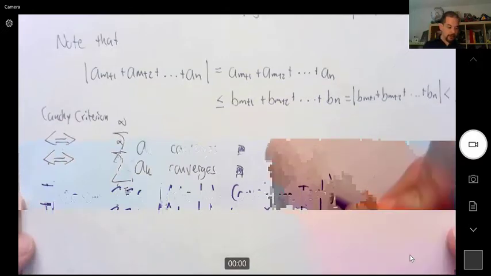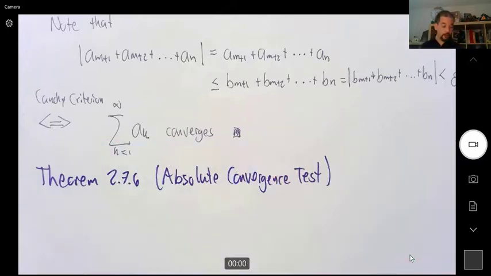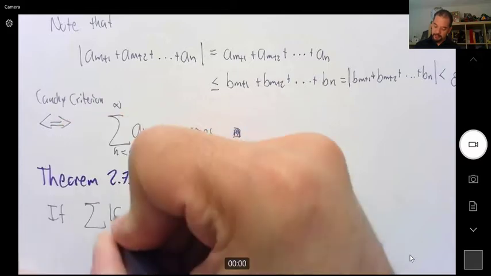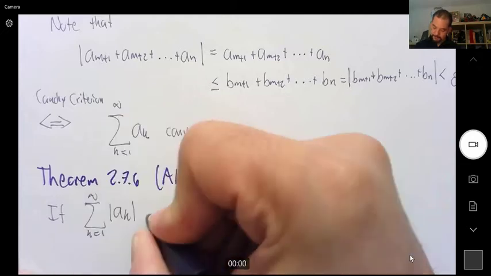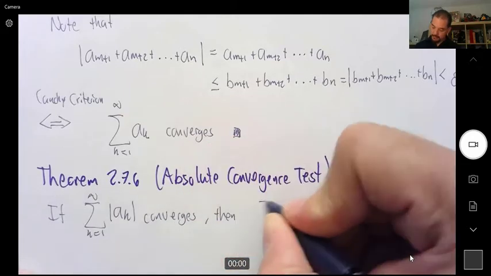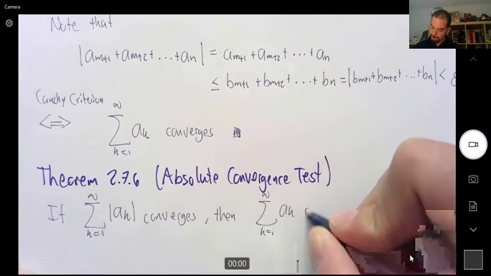And this is now considering series that have positive or negative terms. We don't know. And what it says is that if the series of the absolute value converges, then the one without absolute value converges as well.